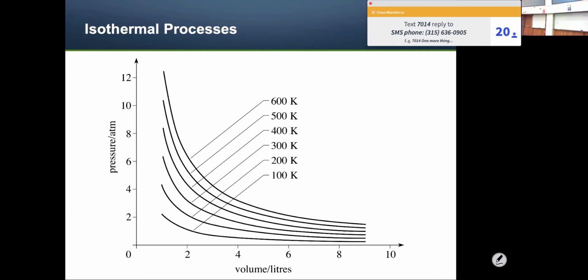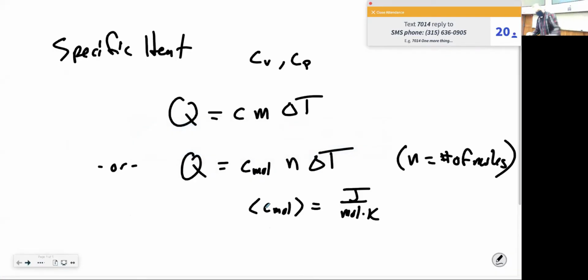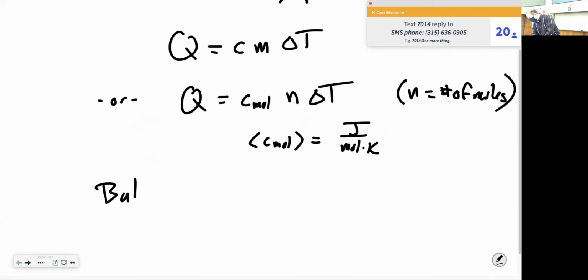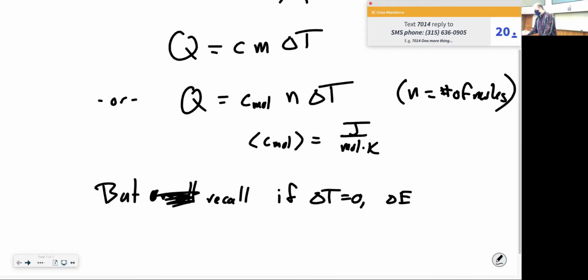This sets up a problem with the way we've just defined the thing that we just wrote down though. Because let's think about that briefly. Recall that if delta T equals 0, that implies not that Q equals 0. You might look at this formula and say, aha, delta T is 0, that must imply that Q is 0.